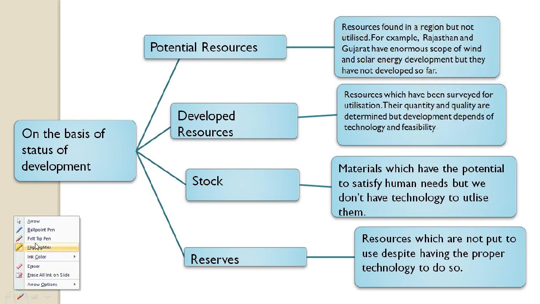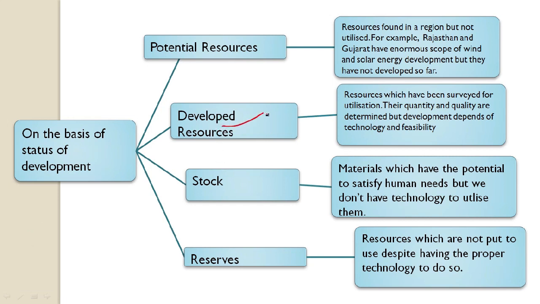Now let's move ahead and learn developed resources. Resources which have been surveyed for utilization. Now these resources are surveyed. It means that their quantity and quality are determined. You go to a region, you check what types of resources are found in that region, then the quantity and quality of those resources are determined, but development depends on technology and the level of feasibility.